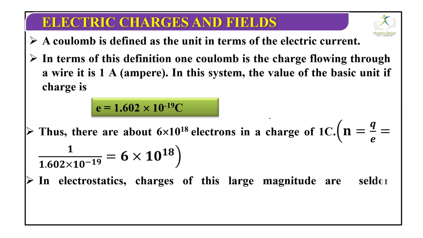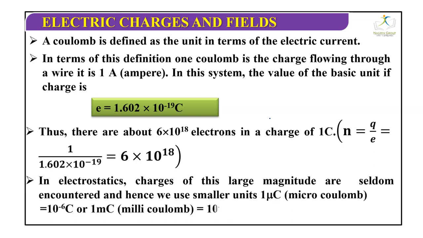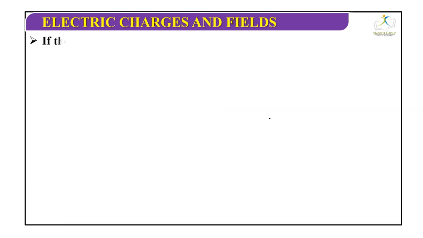In electrostatics, charges of large magnitude are seldom counted, and hence we use a smaller unit, 1 microcoulomb, or 1 millicoulomb, which is 10 to the power minus 3 coulomb.